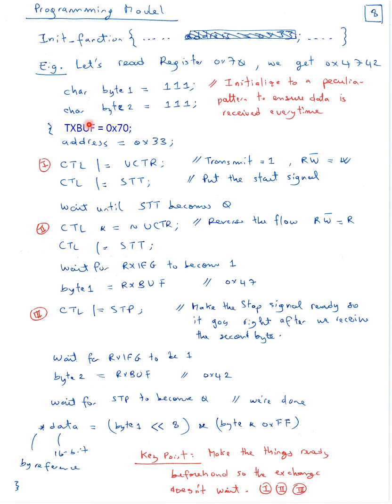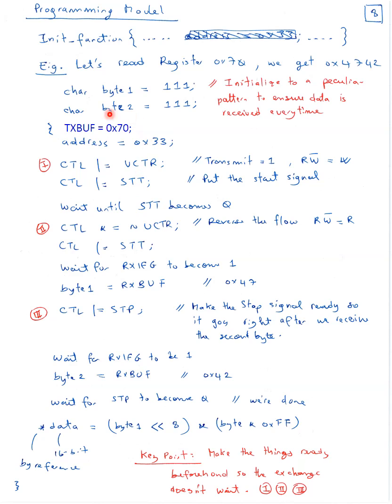Once all of these things are set up, then we're gonna do the start signal. So we go to the same register, assert the start signal, and that means immediately the start signal will be transmitted and all of these three guys will take effect. So you can notice that you're gonna set the things up first and then you will do the start signal.